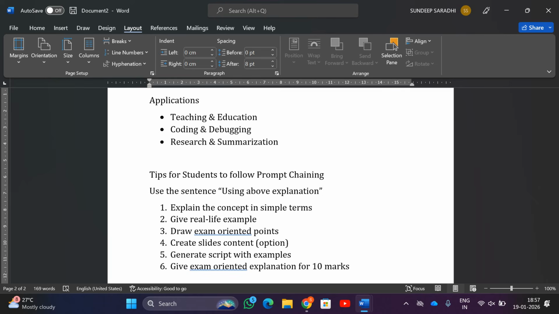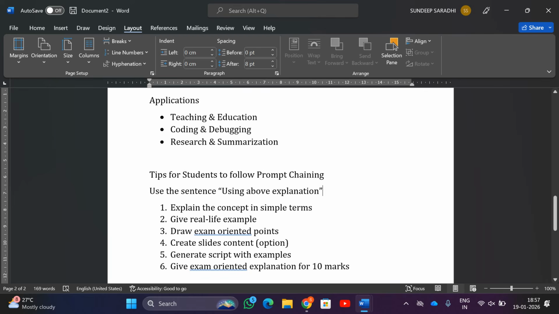explanation. Okay, so after the first prompt, give this one: using the above explanation, give the real life example. Using the above explanation, draw the exam oriented points or exam oriented diagrams, create slide content, generate script with examples and give exam oriented explanation for the given marks.